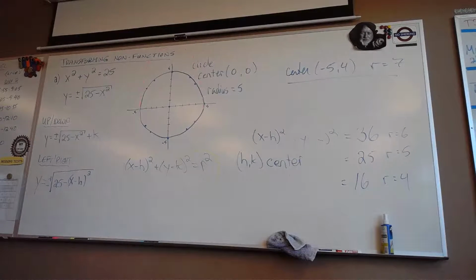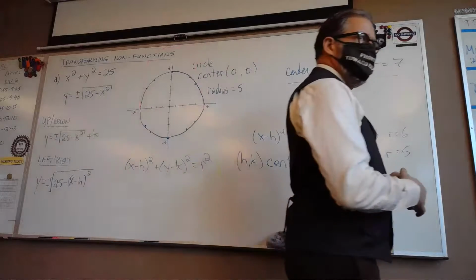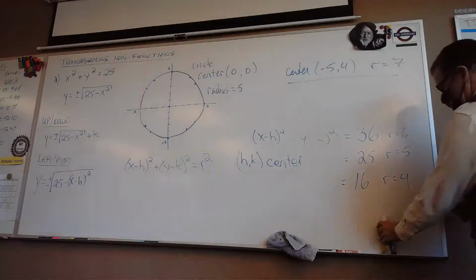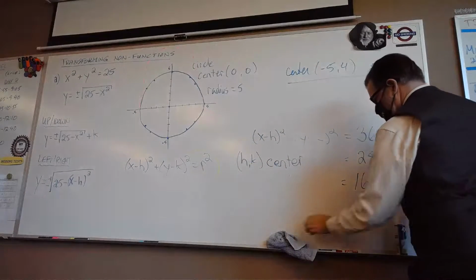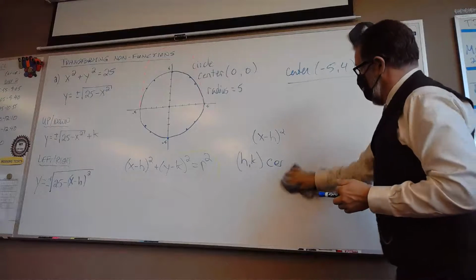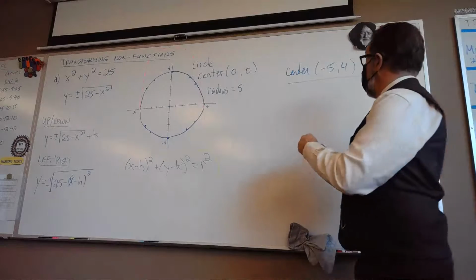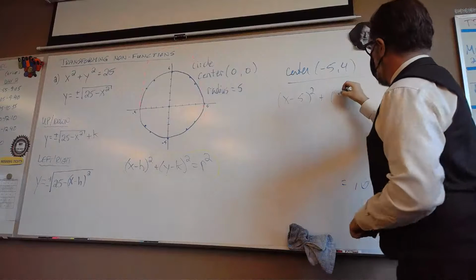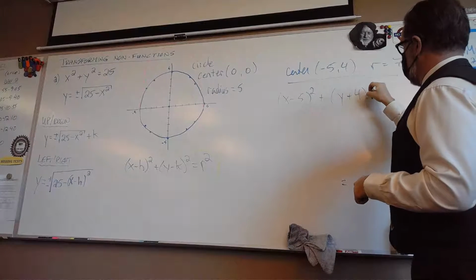Write the equation of the circle. Malaysia? I got (x minus 5) squared plus (y plus 4) squared equals 7.